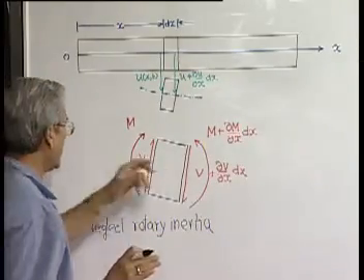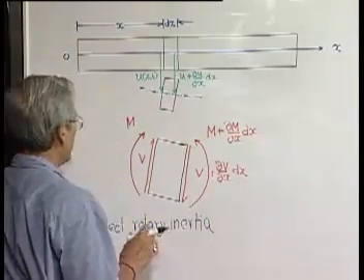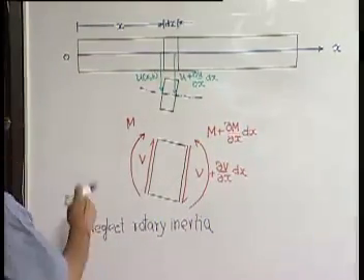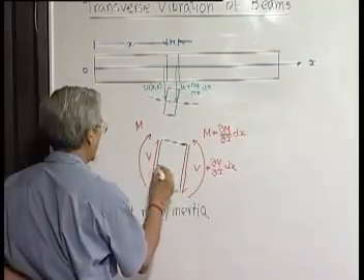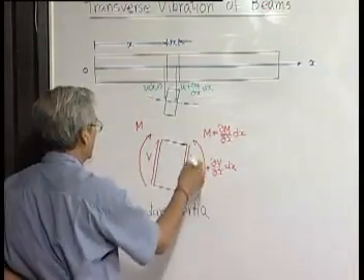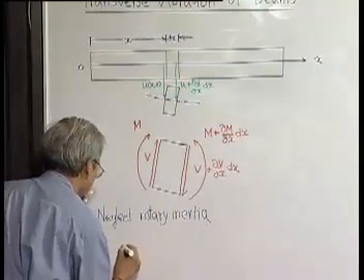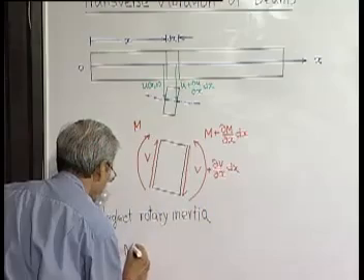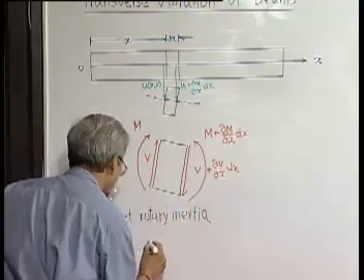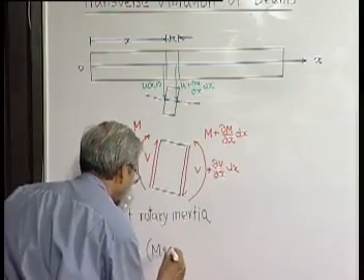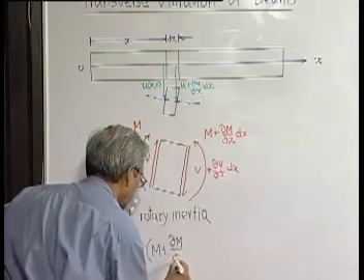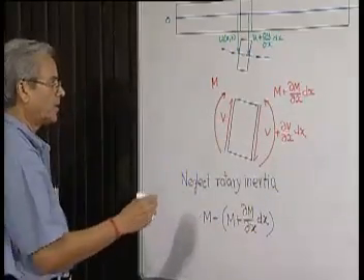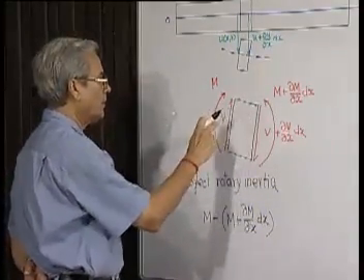If this rotary motion is ignored, then the total moment it is subjected to must be 0. Now what is the total moment? If we take the moment in the clockwise direction, it will be M, minus the anti-clockwise direction, M plus delta M, that is the moment in the anti-clockwise direction, plus there is a clockwise moment because of the two V's.